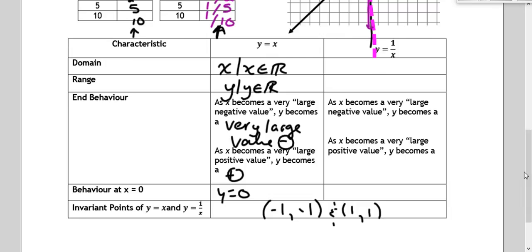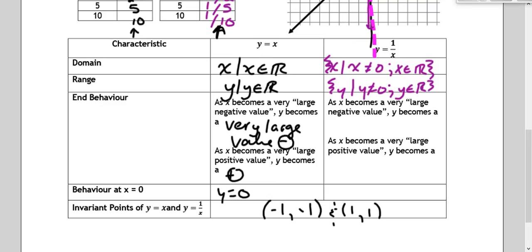Now if we look here, let's compare this. Our domain for our function changes now. It is x such that x cannot equal 0, but x is still an element of the real numbers. And we know the same is true for y. Now as x becomes a very large value, then y should be what?